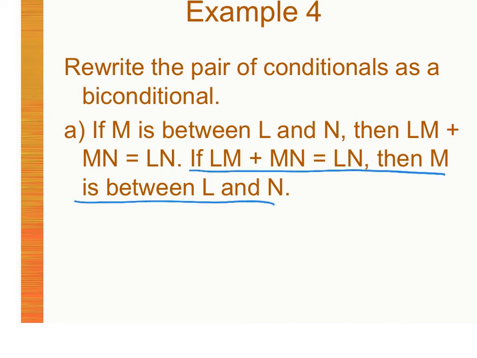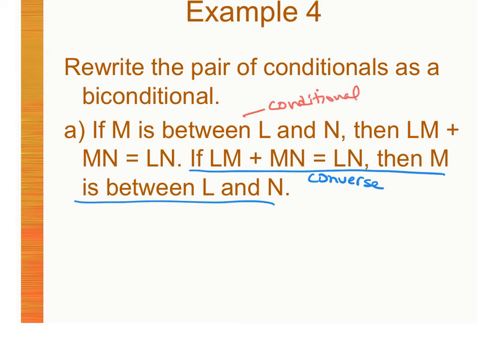If LM plus MN equals LN, then M is between L and N. They are both true. So this is our converse in blue, and then here in red, this would be our original conditional.